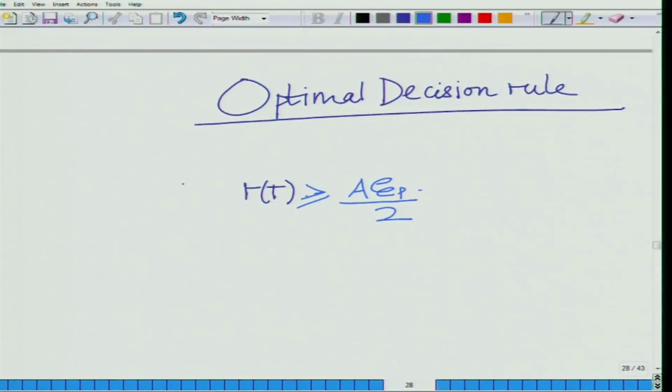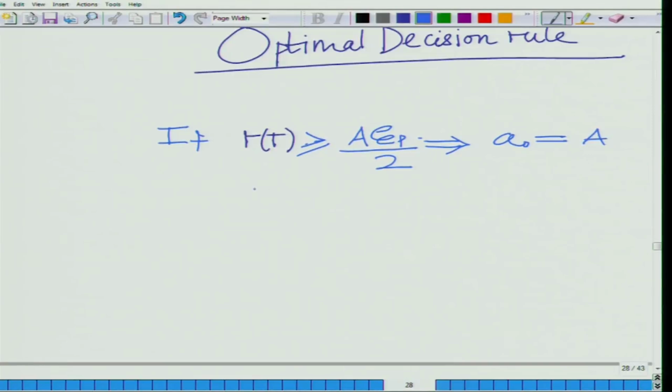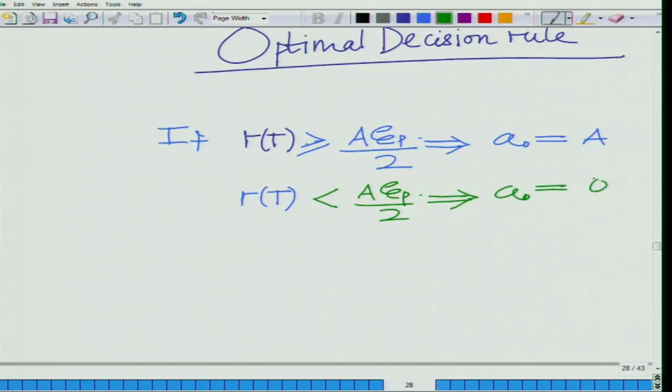If R(T) is greater than or equal to A E_p divided by 2, the decision is A0 equal to A. On the other hand, if R(T) is less than A E_p divided by 2, the decision is A0 equals 0.